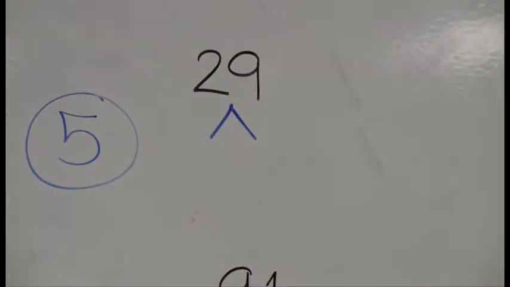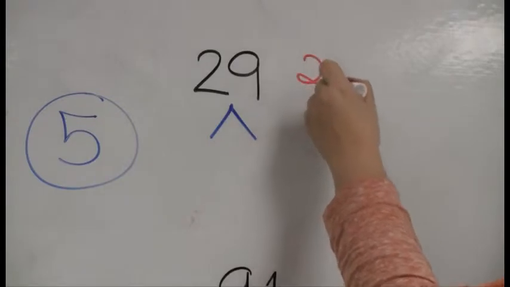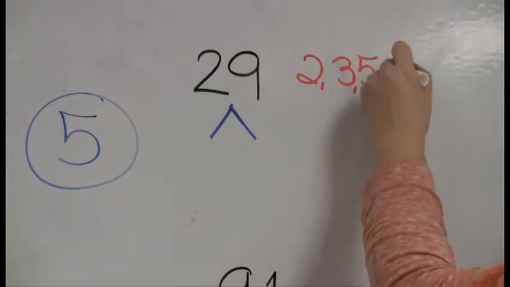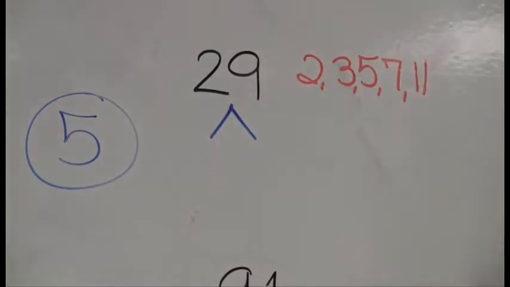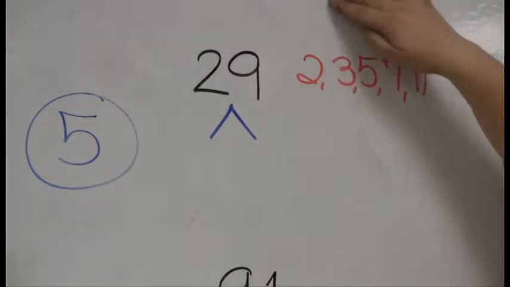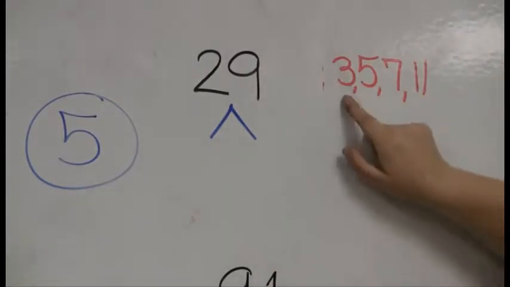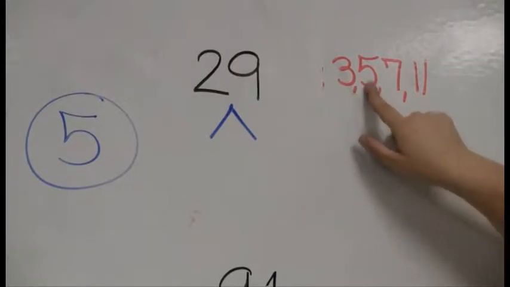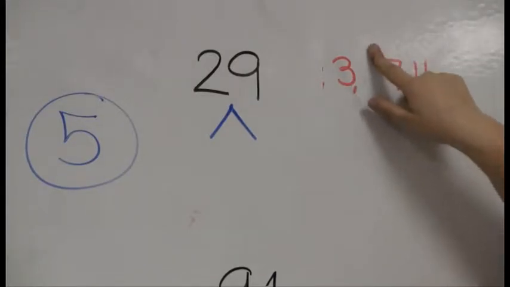And just like on the last set, I only really need to go looking for 2s, 3s, 5s, 7s, and 11s. If I can't find any of those, at least in a smaller number, I'm not going to find anything at all. So, does 29 divide by 2? Nope, it's odd. Does it divide by 5? No, it doesn't end in 5 or 0.